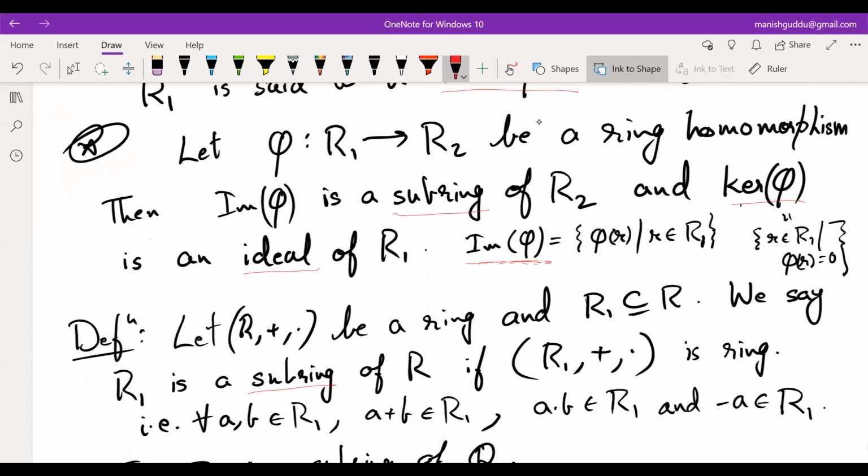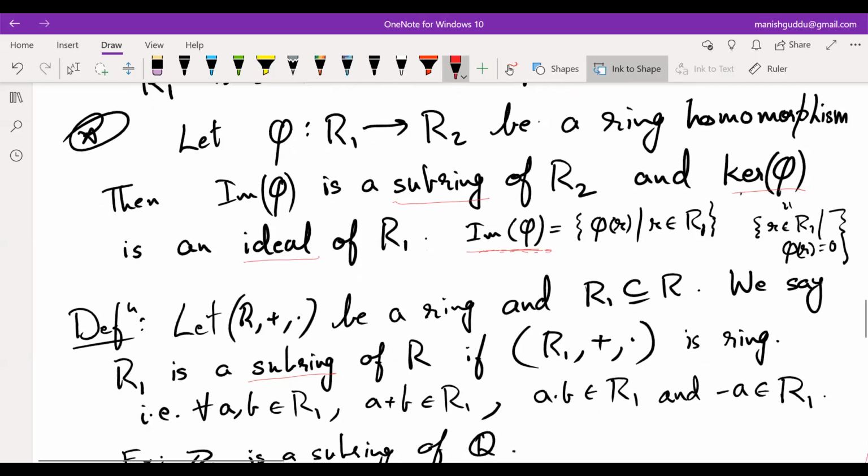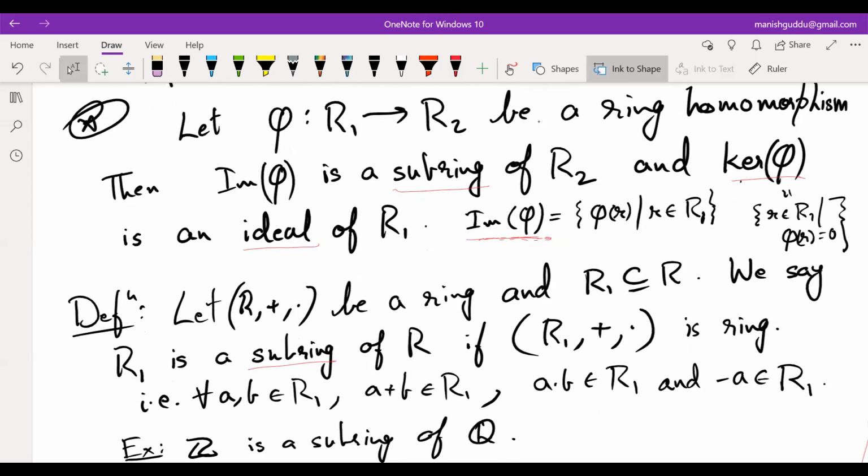So more explicitly, what you want to check is that if a and b are in R1, then a plus b should be in R1. So this operator restricted to R1 should remain an operator. And if you take a and b in R1, then the product is in R1, and the negative too: if you take a in R1, then its negative should be there.